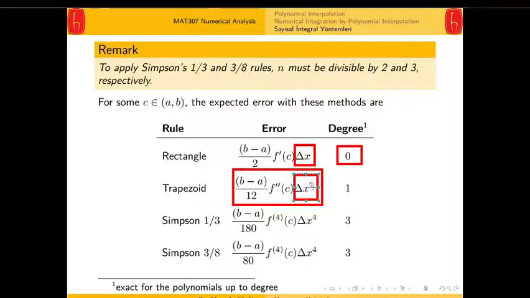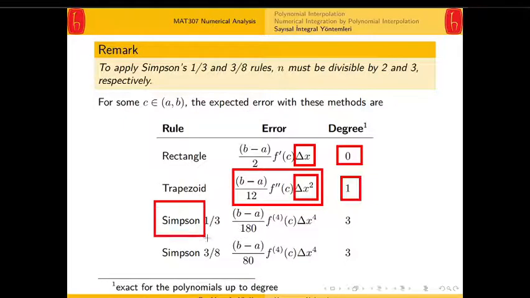Since we have a square here, this will be a second order method. If we halve delta x, the error will be 1/4. The trapezoid rule will be exact for linear polynomials, degree 1.